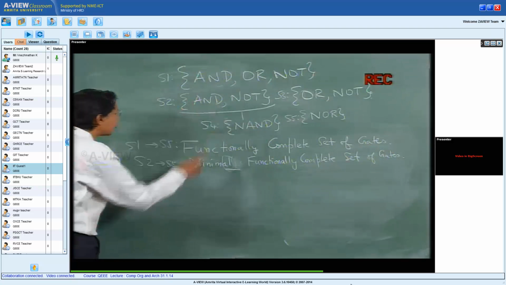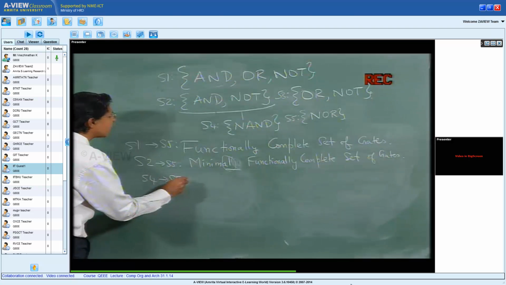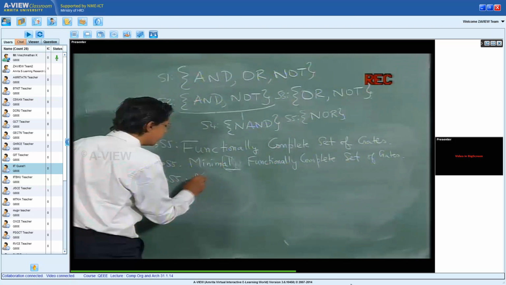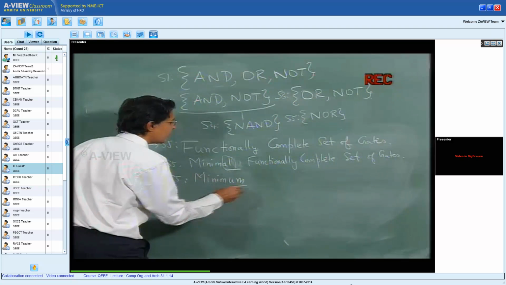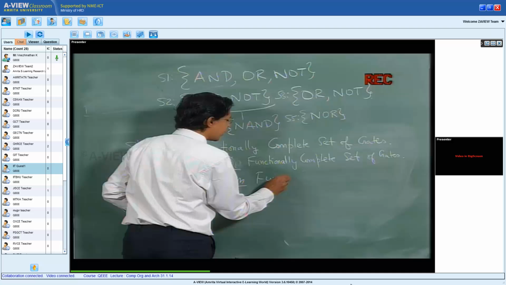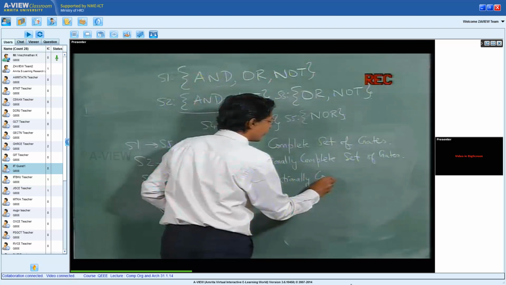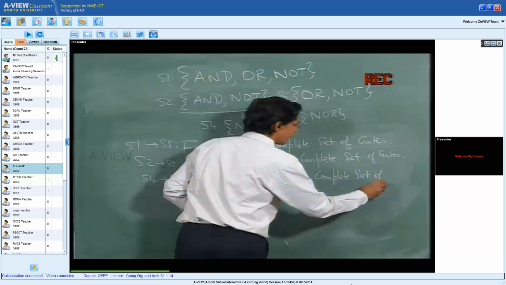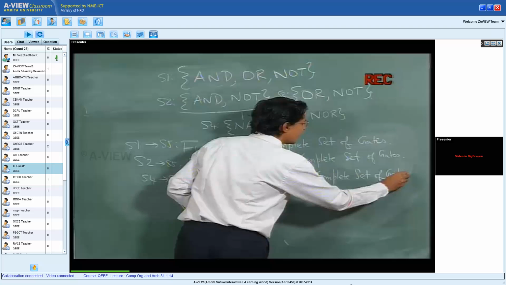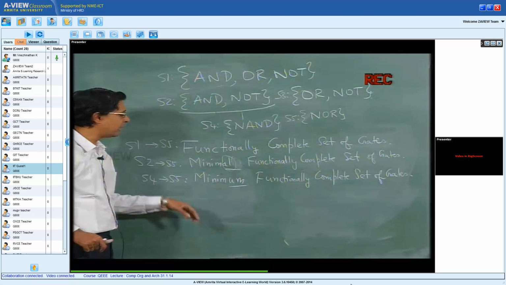Out of these 4 sets, S4 and S5 are minimum functionally complete sets of gates. Please again note this here, minimum.